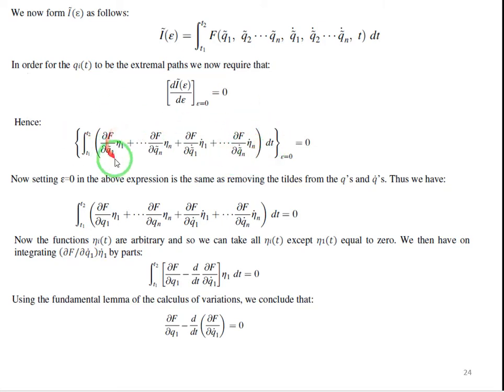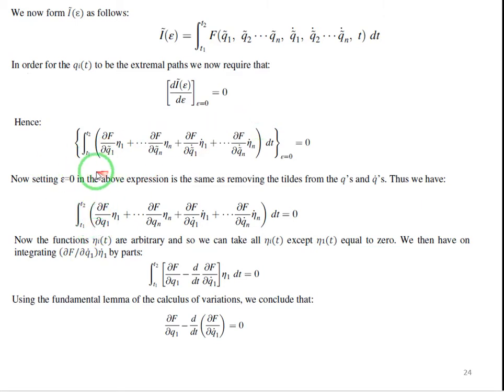The integration of this equation with respect to t from t1 to t2 must be equal to 0 at epsilon equal to 0. Now, by setting epsilon equal to 0 in this equation, we can say that at epsilon 0, q tilde is equal to q, or in other words, q tilde i is equal to qi.